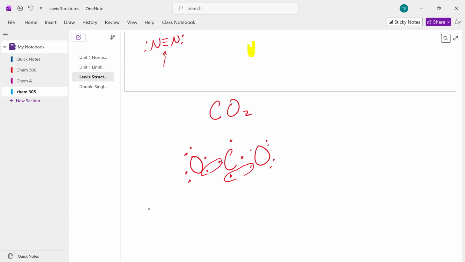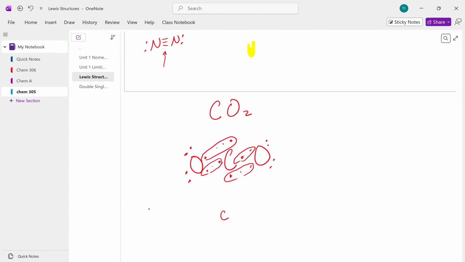So let's connect those up. Now let's look at the legality of this structure. Carbon needs 4 bonds: 1, 2, 3, 4. Carbon got its 4. Oxygen needs 2: 1, 2. The pairs don't count because they're already paired up. The orbital cannot hold any more electrons than that. So it's a legal structure.